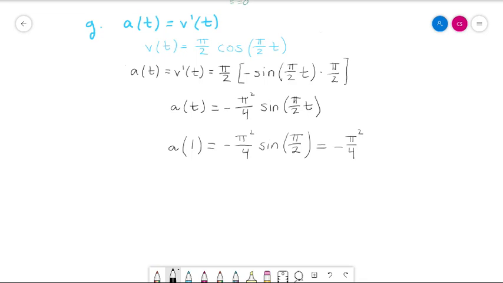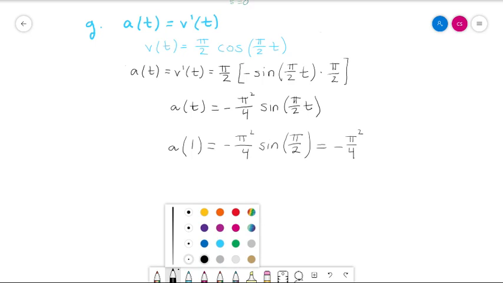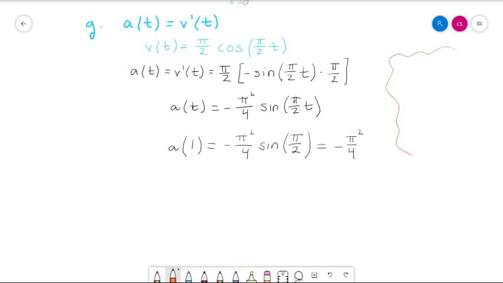What about the units? Well, let's do a little thought bubble. Acceleration is the derivative of the velocity, dv dt, and we can figure out the units by looking at the units of dv dt. What are the units of velocity? In our case, it's feet per second.